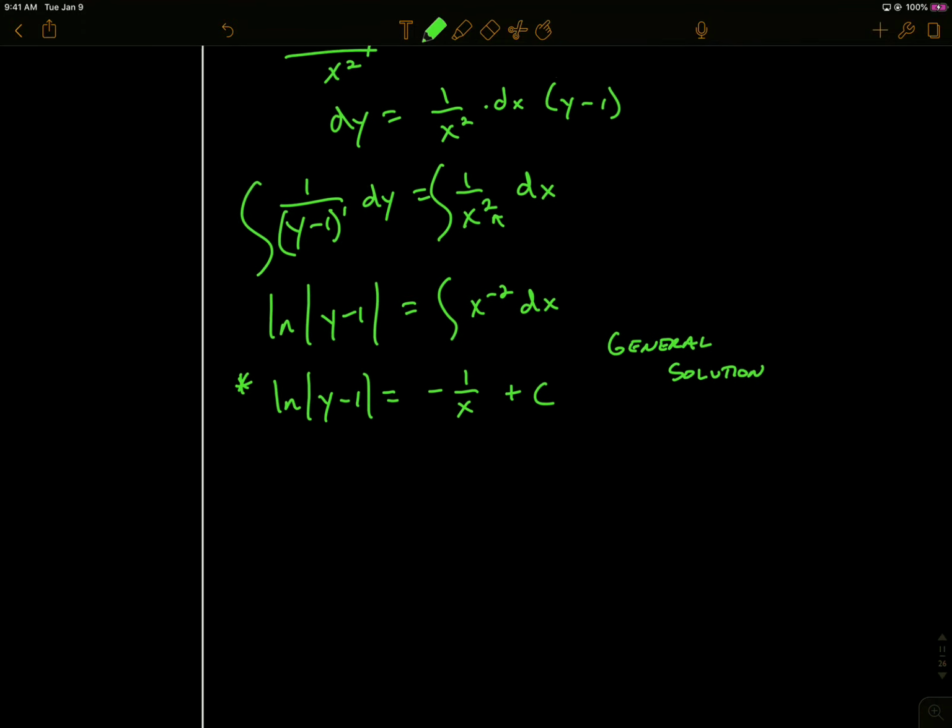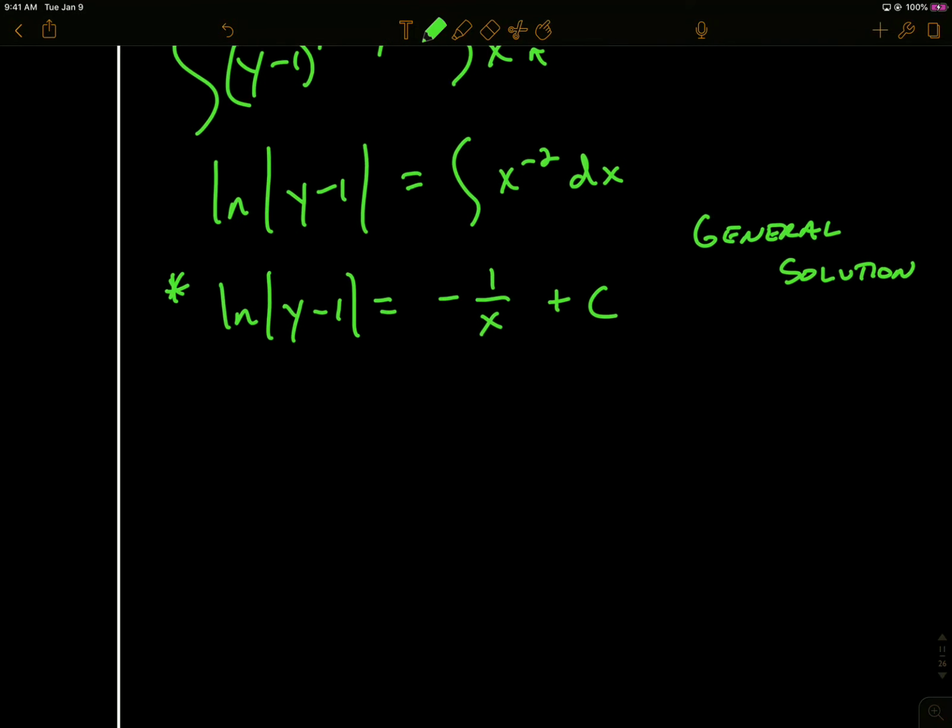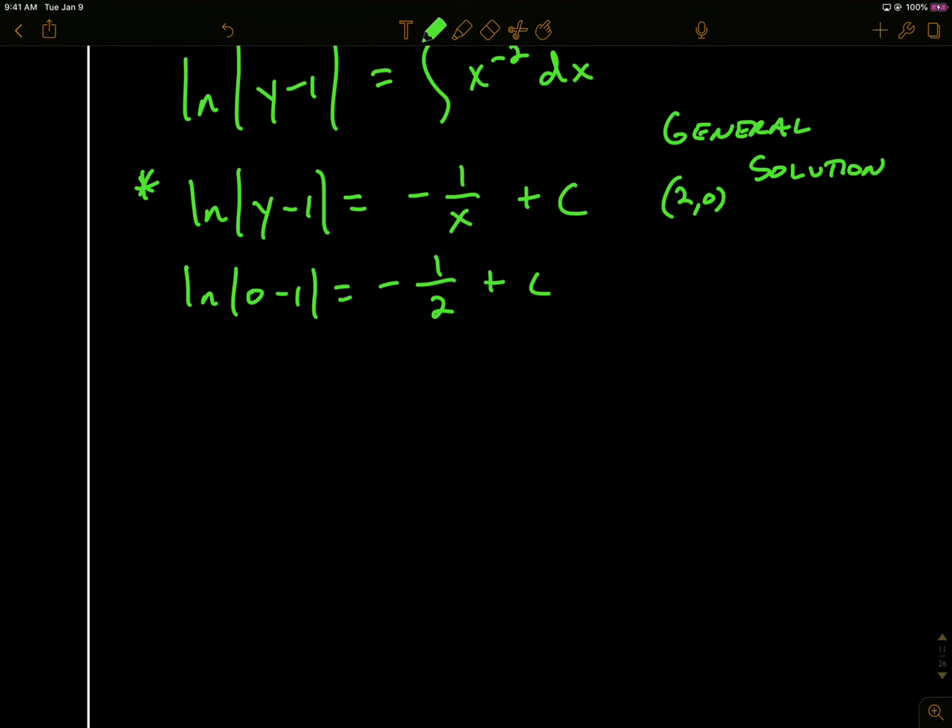So we're going to plug in our initial conditions, which are 2, 0, because it said f of 2 equals 0. So we've got the natural log of 0 minus 1 equals negative 1 over 2 plus c. So we want to solve this for c. We get the natural log of the absolute value of negative 1 equals negative 1/2 plus c.